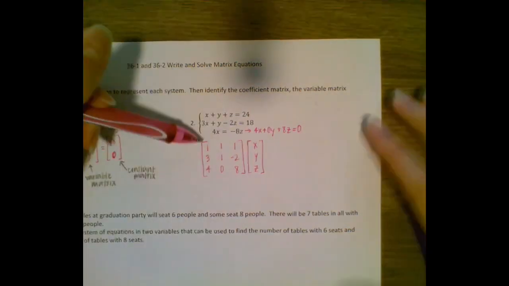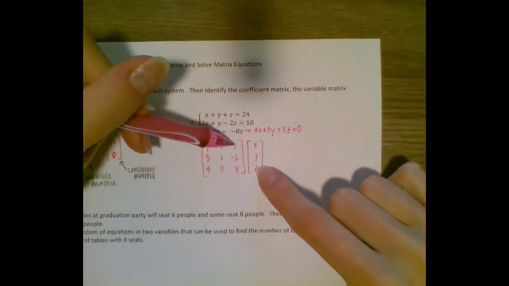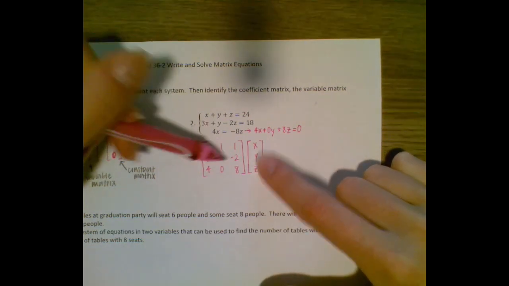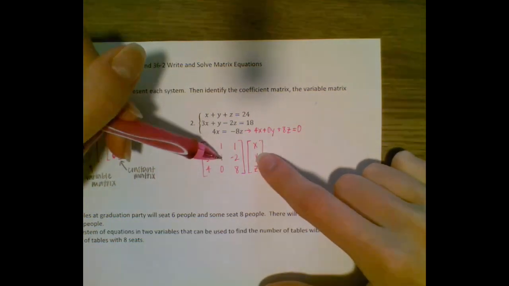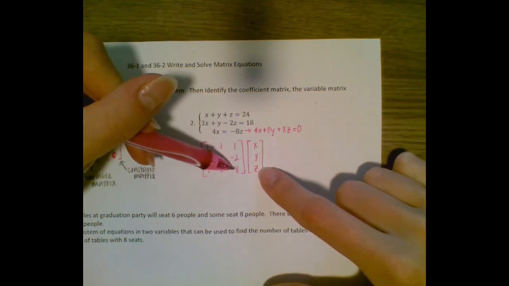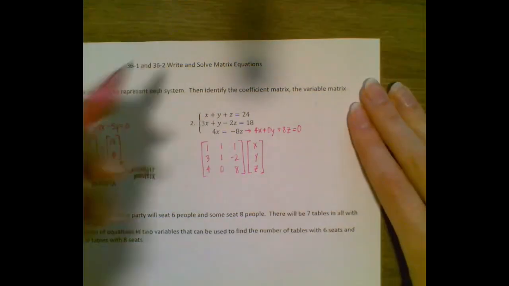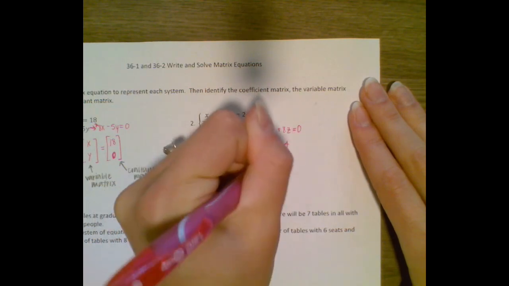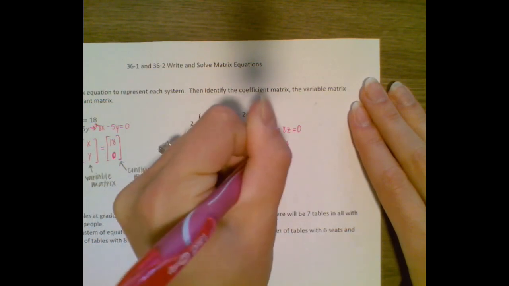Again, because I get 1x, 1y, 1z, 3x, 1y, negative 2z, 4x, 0y, 8z, equals 24, 18, and 0.